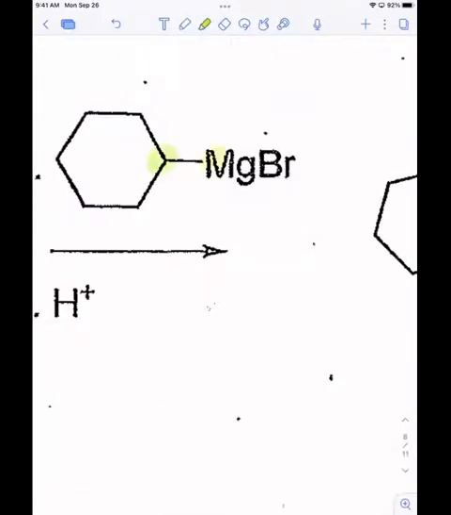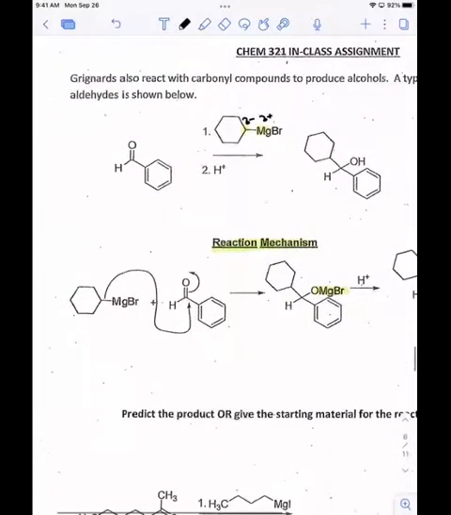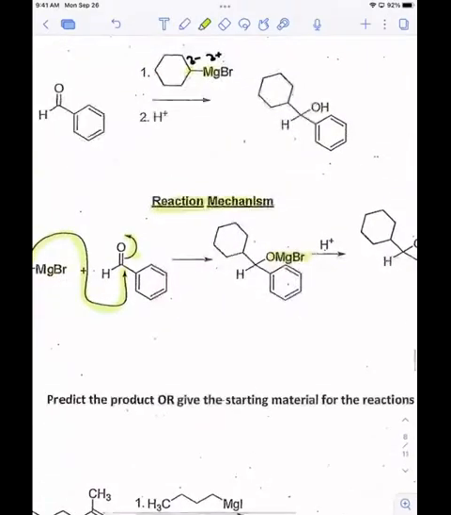You have a carbon here, you have your magnesium here. This is partially negative, this is partially positive. So when that Grignard attacks like so and you get to the intermediate, the magnesium that's in the Grignard is going to find that oxygen, because remember what I just showed you in the intermediate, the oxygen has a negative charge.